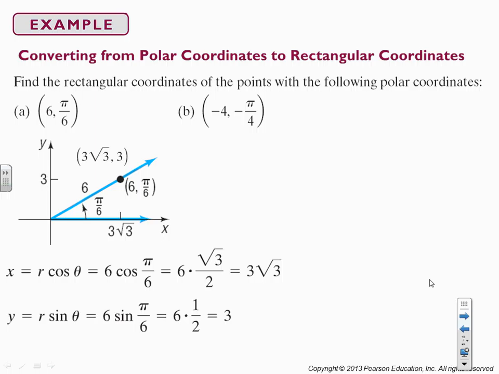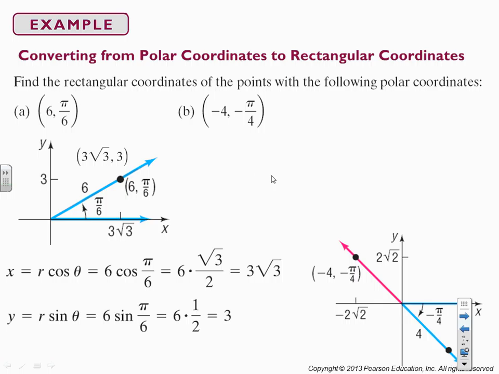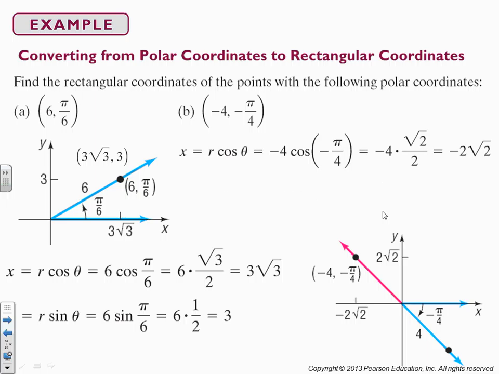All right, let's do the same thing with b. R is -4, and theta is -pi over 4. If we look at that picture, here we are at -pi over 4. Normally 4 would be out in this direction, but we have a -4, so it pushes us out over here. So x equals r cosine theta, which is -4 cosine of -pi over 4.